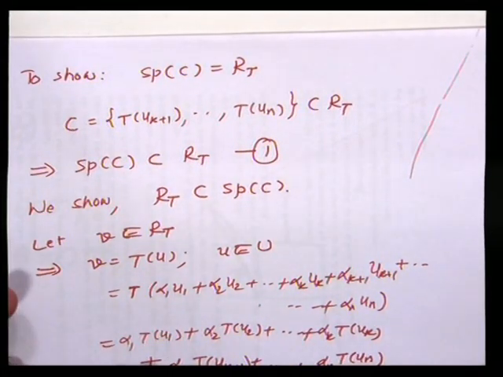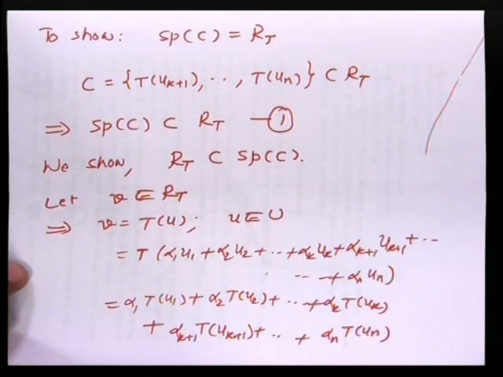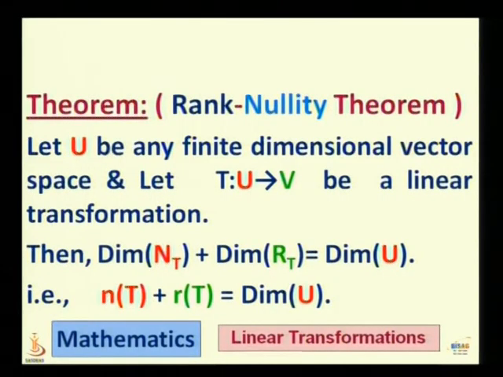are all vectors of the null space T, then T of u1, T of u2, up to T of uk are all theta dash.